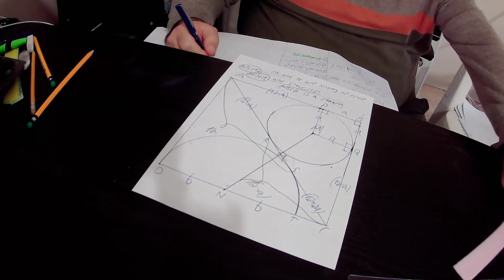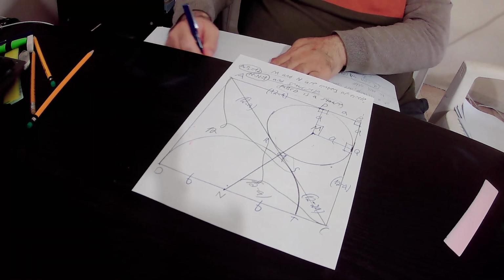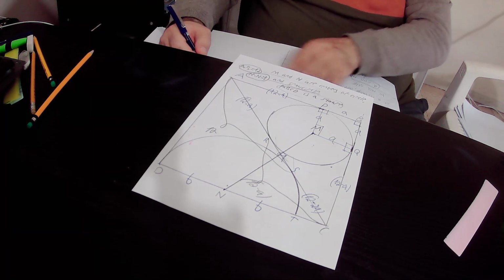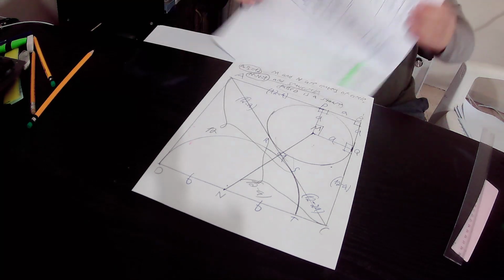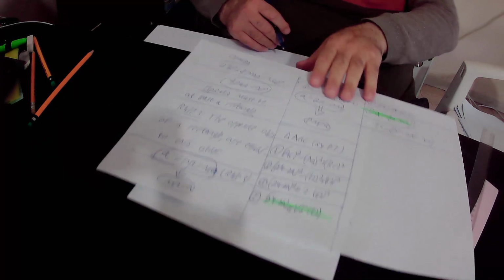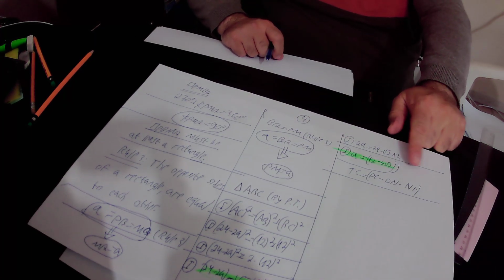I repeat again. The value of line segment TC will be equal to DC minus DN minus NT.